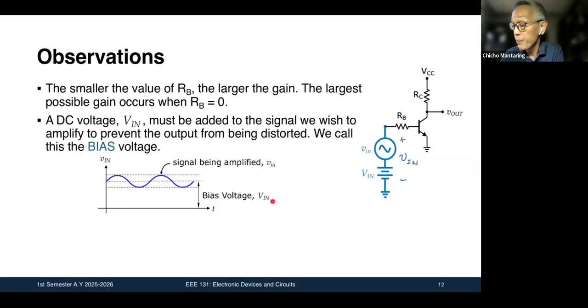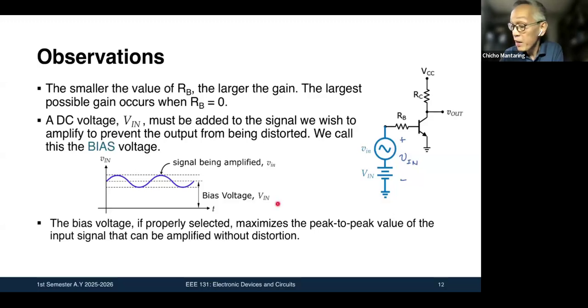So that's what this bias voltage does. So remember the first demo I showed you with my simulator, when I removed this, okay, my transistor was not operating in active mode all the time with just this signal being applied.